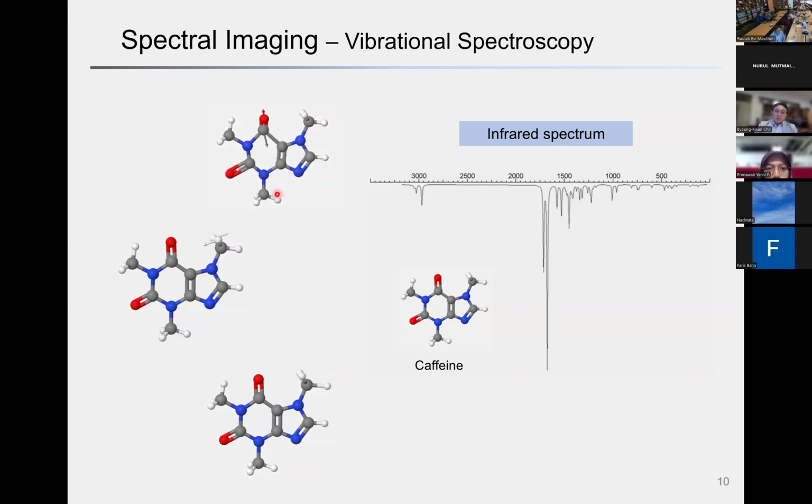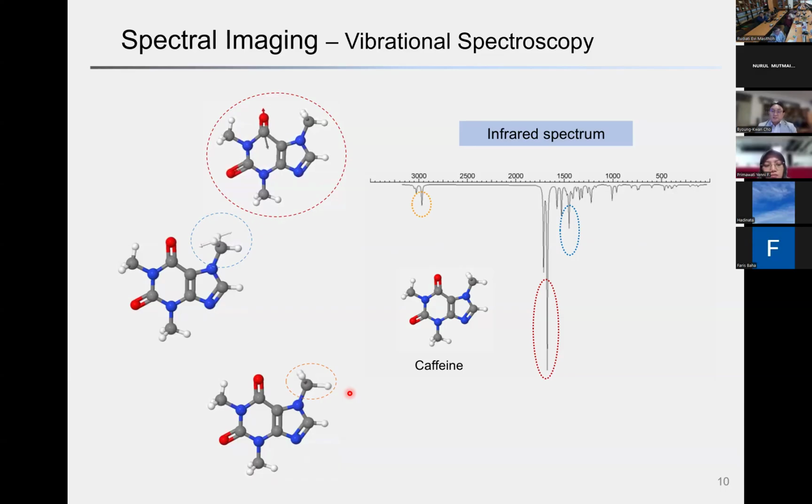This is an example of one molecule, the caffeine molecule. Some vibration here has certain frequencies, in other words, certain wavelengths. This vibration is related to this wavelength, this twisting vibration is related to this wavelength, and this stretching vibration is related to this wavelength.